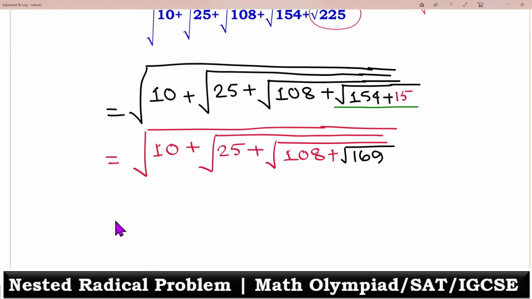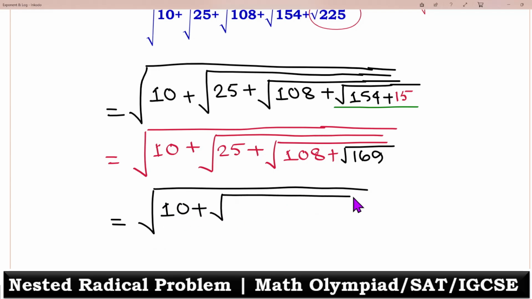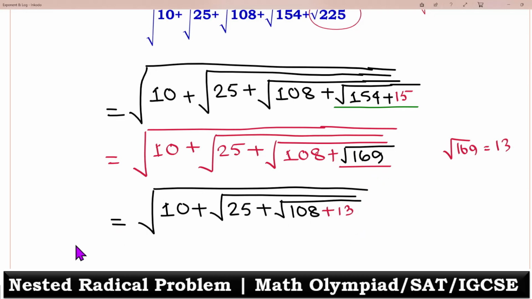Again big root, then under 10 plus again root 25 plus again root 108. Now look, here is 169, root 169 we can write 13 because 169 is a perfect square. So here against root 169 we can write only 13.